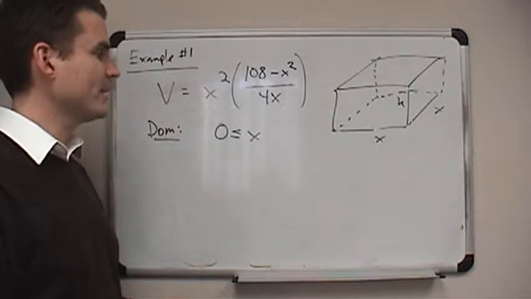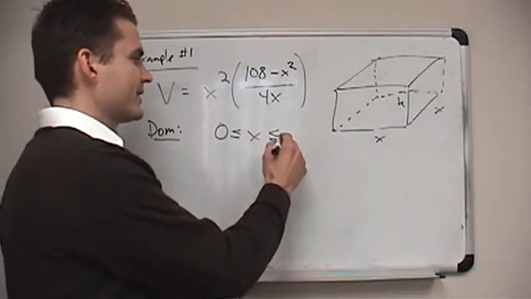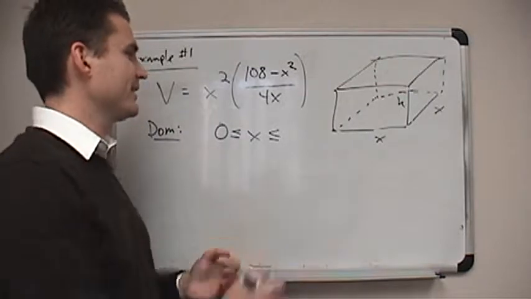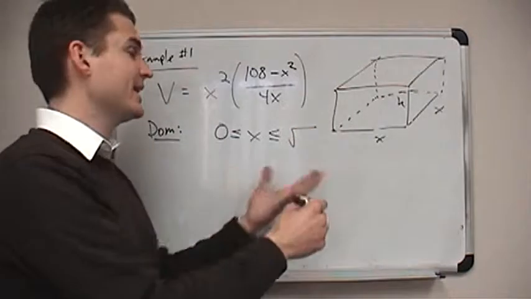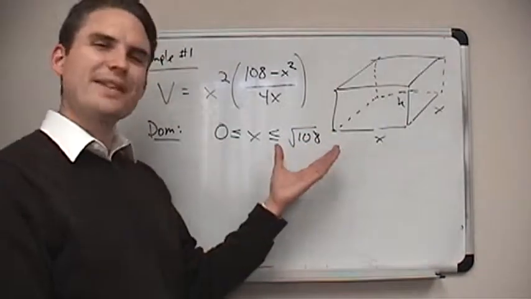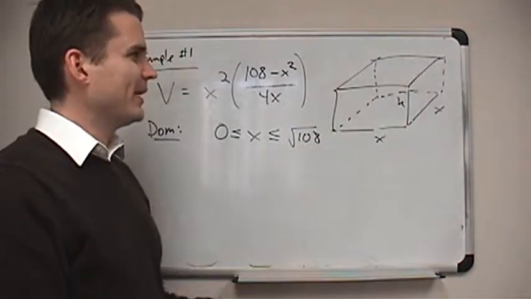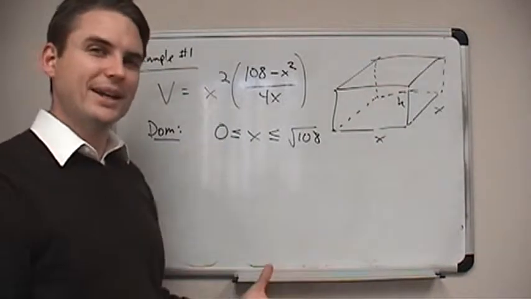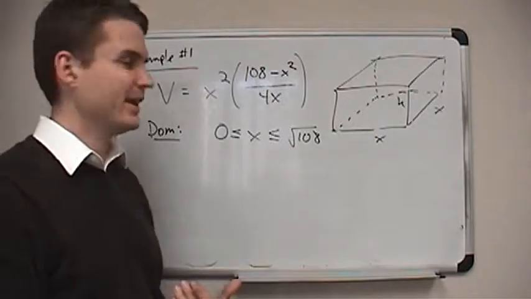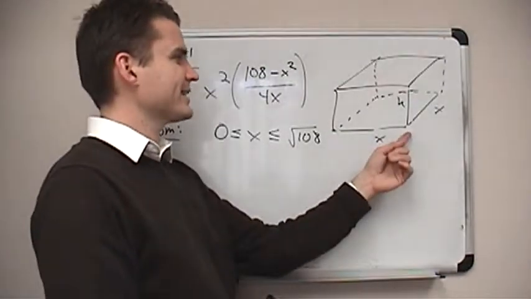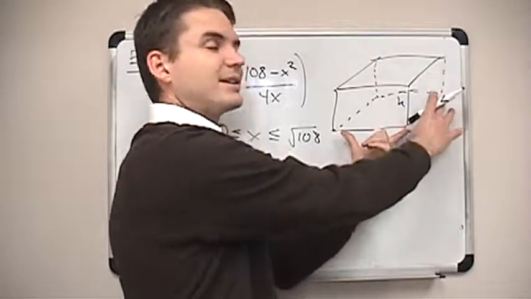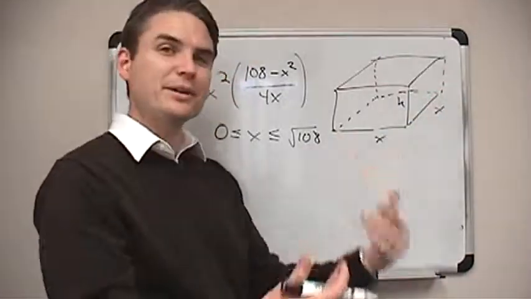Now, they also tell us, and this is something you think about from some of the numbers given in the problem, that x has to be less than or equal to the square root of 108. Now, where did that come from? Well, if you start thinking about how big x can be, certainly it can't be anything bigger than the square root of 108. Here's why. If x is the square root of 108, x times x, which is the area of the base, would be 108 already.